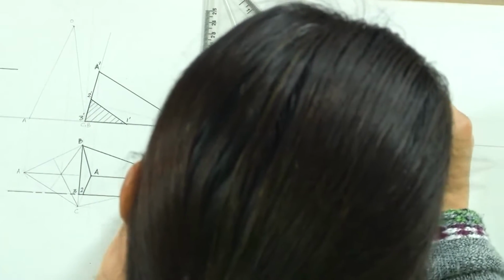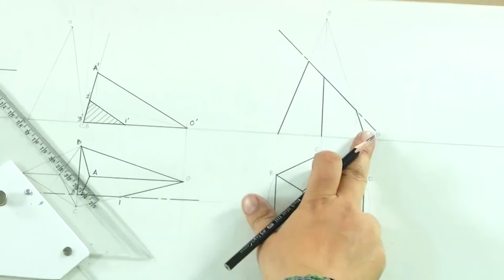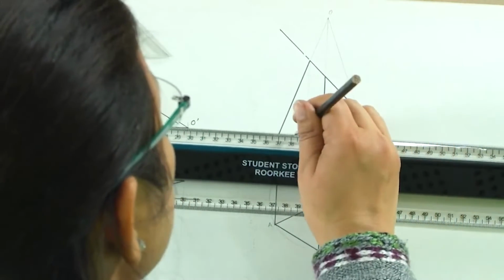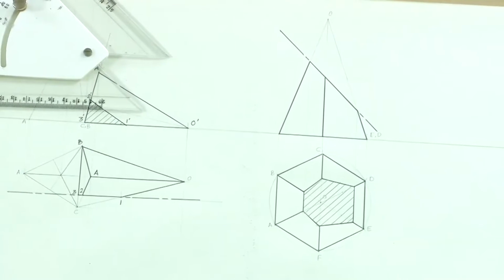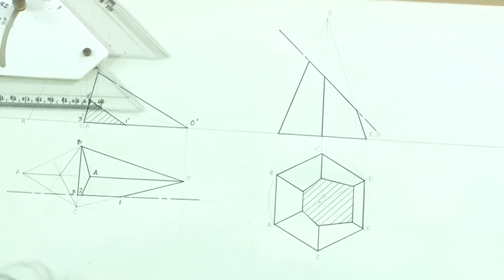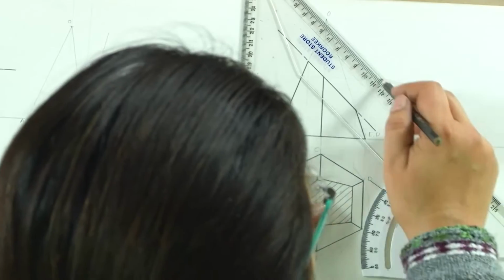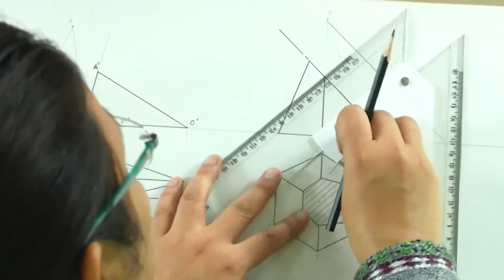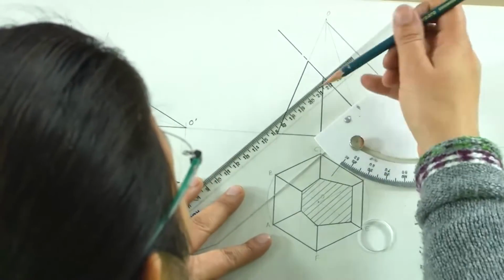This is the line of the section plane. So, this is the final top view and front view of this hexagonal pyramid. Now, we have to arrive at the true shape of the section. So, as I said, we are going to get the true shape of the section on an auxiliary plane, which is parallel to this. So, we will be getting the projections onto this auxiliary plane.